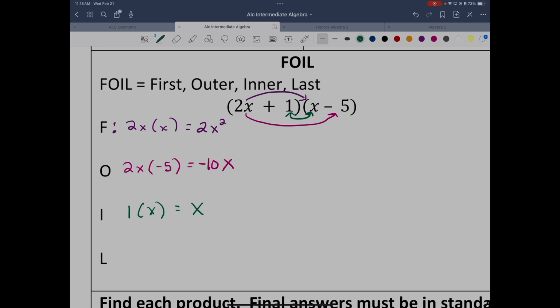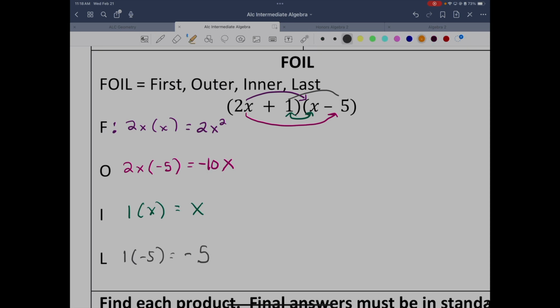So we've got first, outside, inside, last. And the last terms are exactly what they sound like. The last terms are 1 and negative 5. Now notice with this negative 5, notice how I brought the symbol along with it. Just bring the symbol along, whatever is there. If it's a plus, you don't have to write it down. If it's a minus, make sure you bring the negative 5 with it. 1 times negative 5 is negative 5.